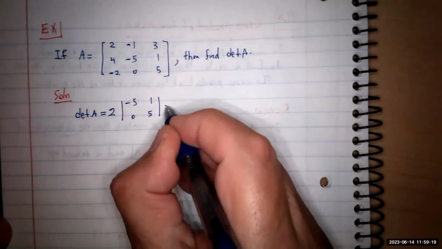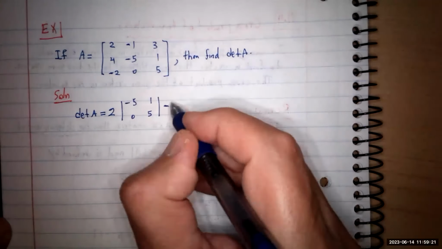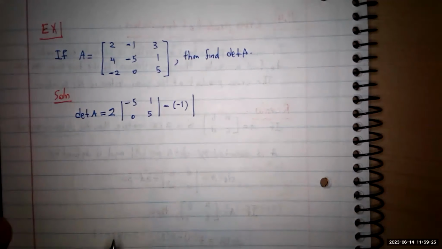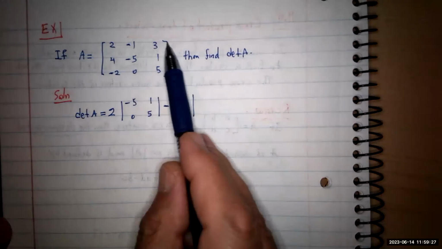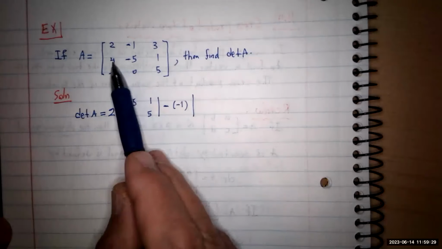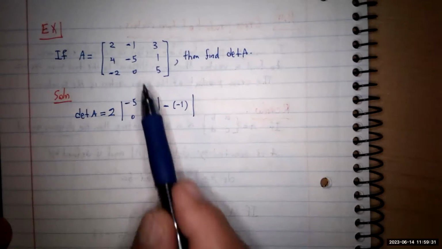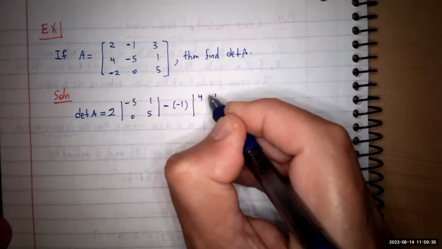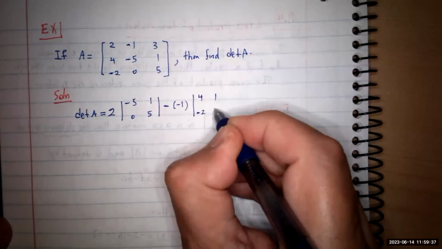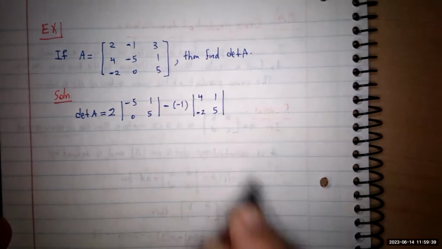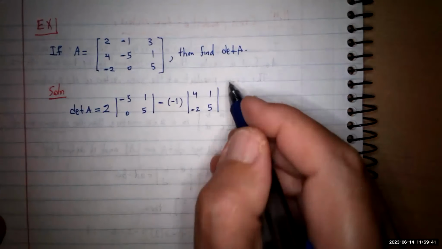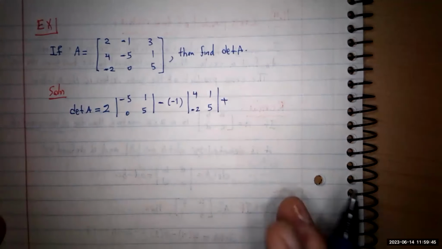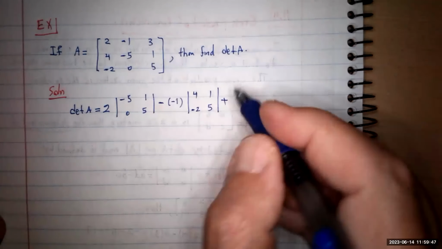Minus the second entry, which is negative 1. You eliminate the first row, the second column. So the result is 4, 1, negative 2, 5. That's the second part. Remember, the signs alternate: positive, negative, plus.